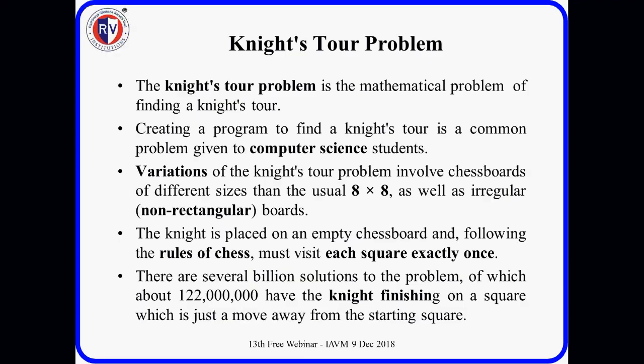So what is this Knight's Tour problem? The knight is placed on an empty chessboard. Only the knight is going to move, and it follows the rules of chess, like how the knight is moved, and it must visit each square exactly once.